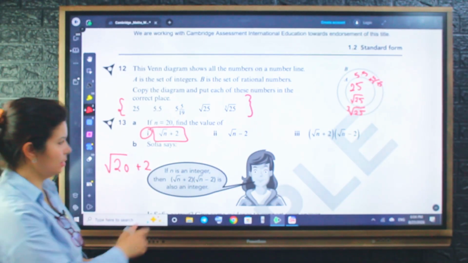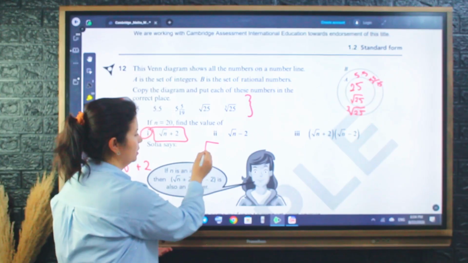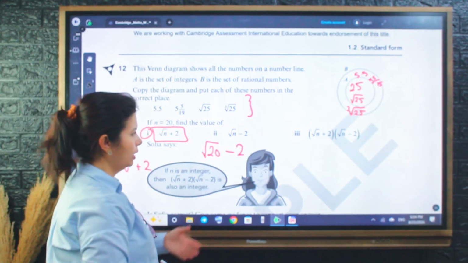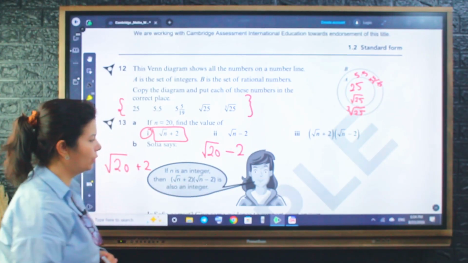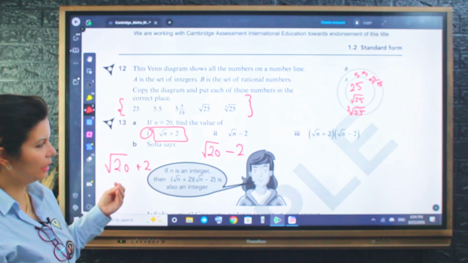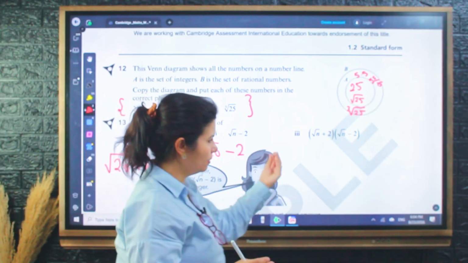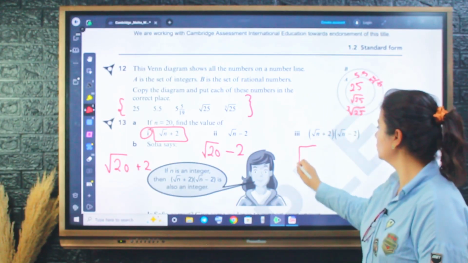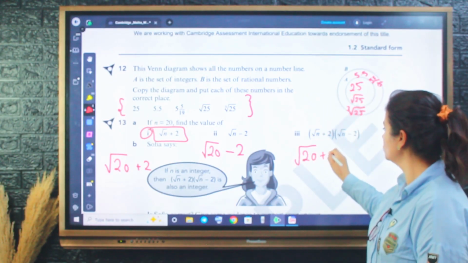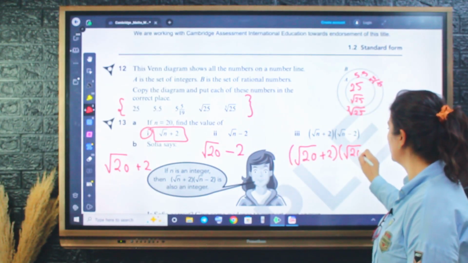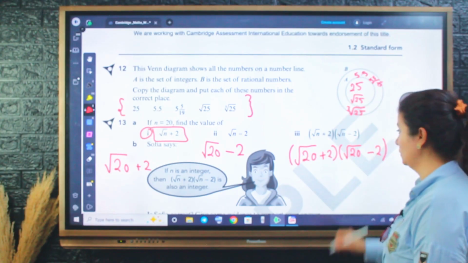Okay, next one here is going to be root 20 minus 2. Here we need to find the value of the two irrational numbers. Here it's going to be root 20 plus 2 multiplied by root 20 minus 2.